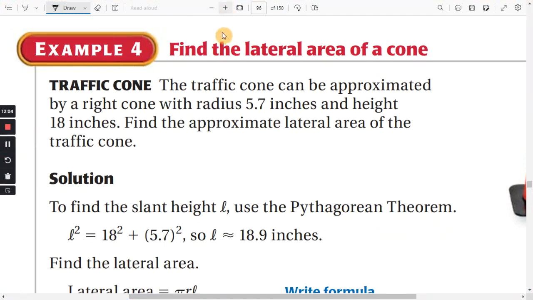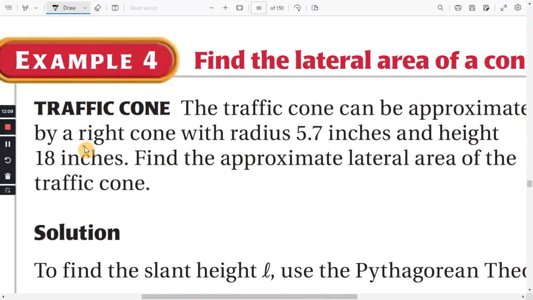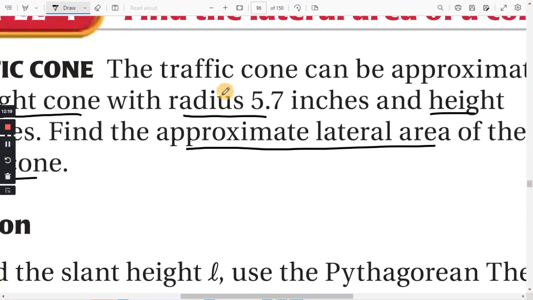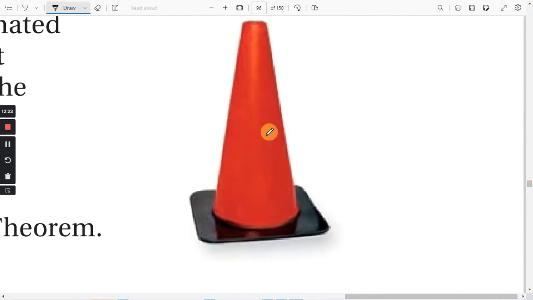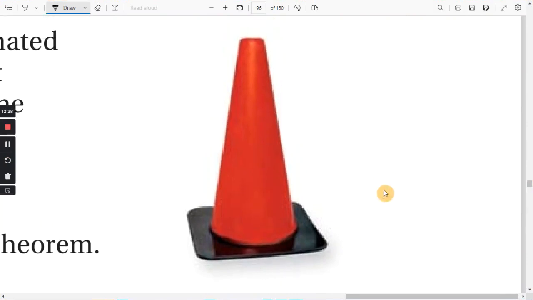Example 4. The traffic cone can be approximated by a right cone with radius 5.7 and height of 18. Find the approximate lateral area of the traffic cone. All right, they said the radius is 5.7. So maybe I can draw that in here. Let me see here. Maybe I should redraw this cone.